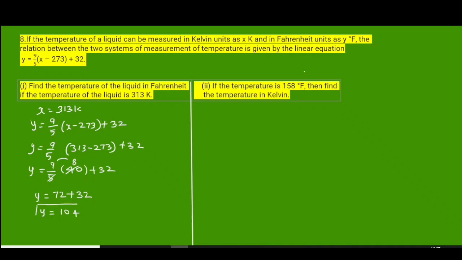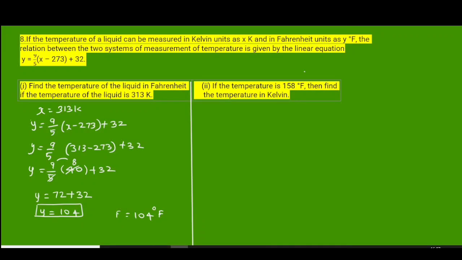So when it is 313 Kelvin, the temperature is 104 degree Fahrenheit.